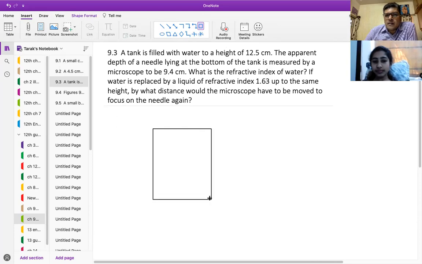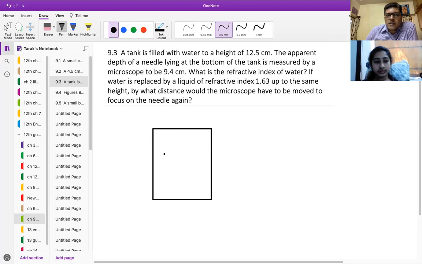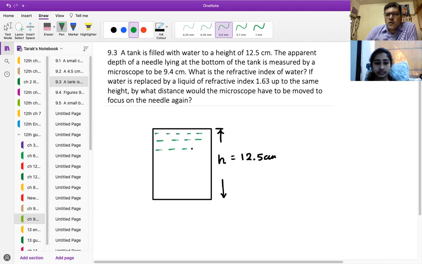This is the vessel. Into this vessel, my liquid has been placed up to a height h equals 12.5 centimeter. So it means the vessel is completely filled with liquid.